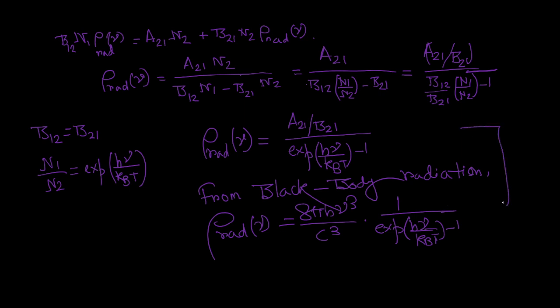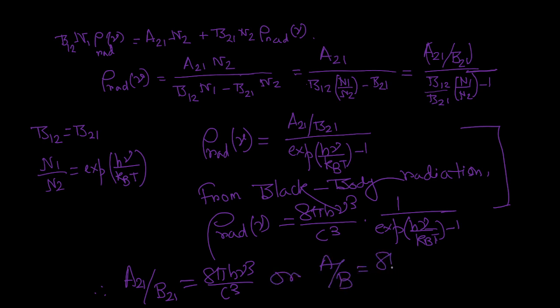If we equate these two equations, we find A21 by B21 is 8π hν cubed by c cubed. We will discuss it in the next question.